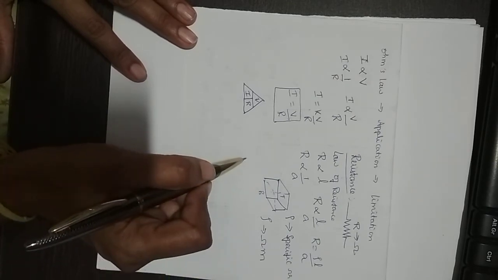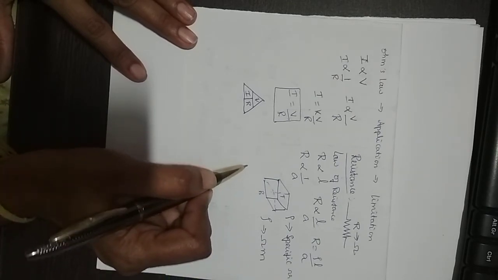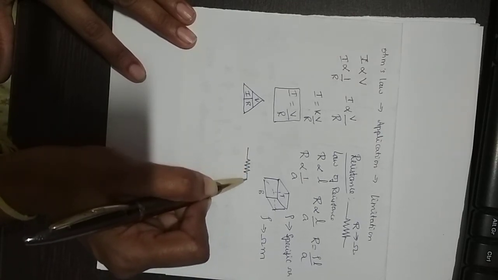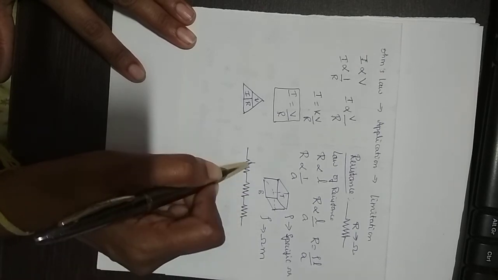So next topic, when resistances are in series or resistances are in parallel. So when we consider resistances in series, we consider the three resistors R1, R2, R3.